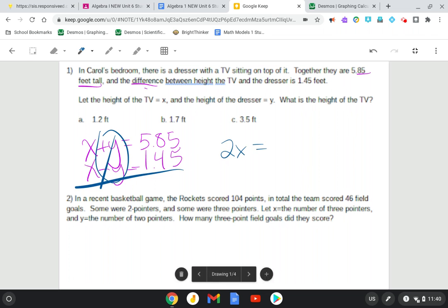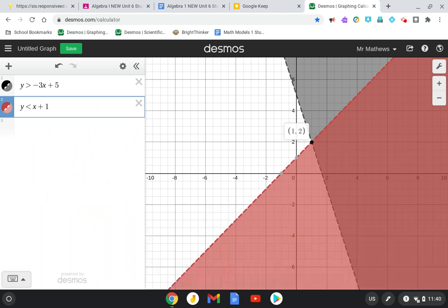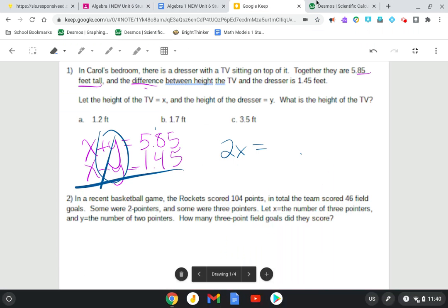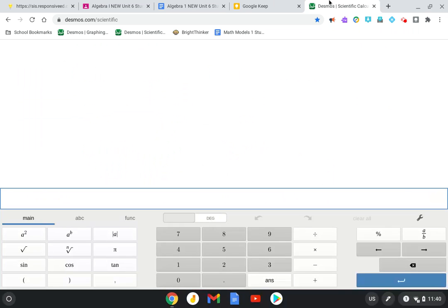And then I would add up these values. Let's go ahead and do 5.85 plus 1.45. Switch over to our scientific calculator. 5.85 plus 1.45 is 7.3.